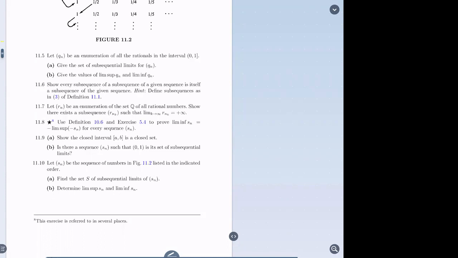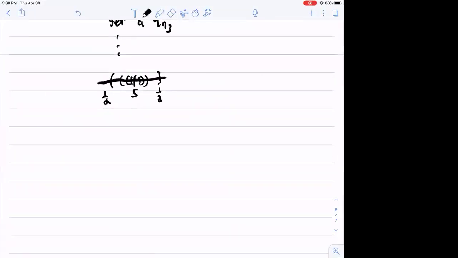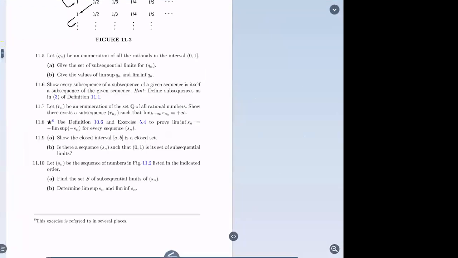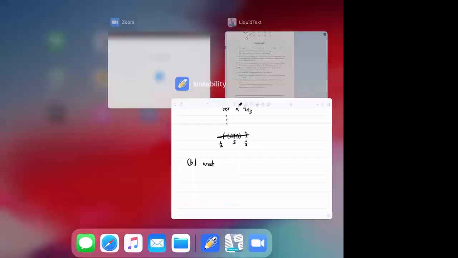So I need to show, let's assume we have that, show there exists a subsequence Rn k such that the limit as k goes to infinity of Rn k is positive infinity. Oh, sorry, I didn't do part B. Part B, I think I want lim sup and lim inf, right?